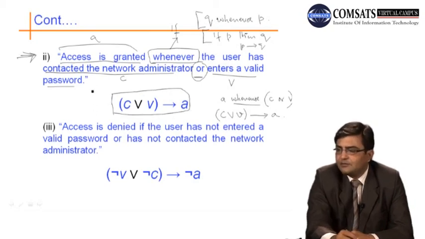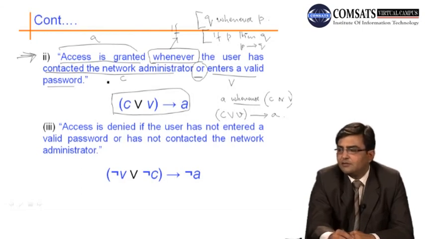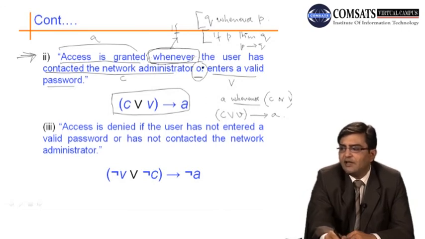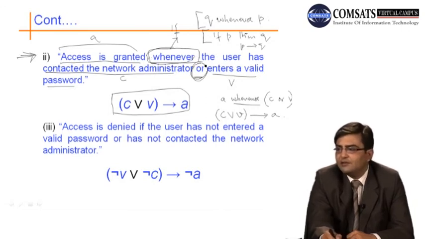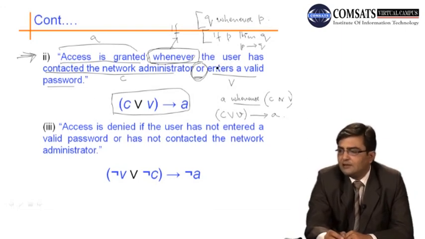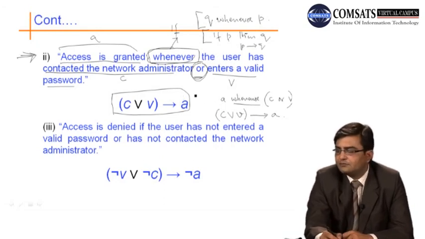To write statements in English into symbolic forms, first you have to locate the connectives between statements. So in this statement, what are the connectives which connect the propositions? Here we have a connective, and here we have a connector, and then you relate the propositions using the logical connectives and other forms of the symbols.